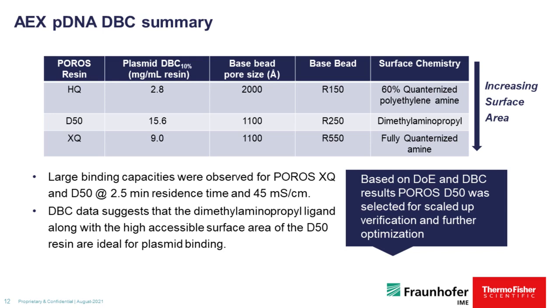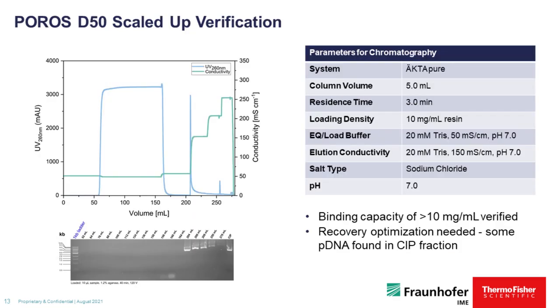So what this data suggests is that it's in fact a combination of the specific ligand attached to the resin as well as the accessible surface area available for the plasmid to bind, which is what we think is attributing to the greatest binding capacity of the D50 resin. So based on these results, we took the D50 resin and we selected it for scaled up verification and further optimization.